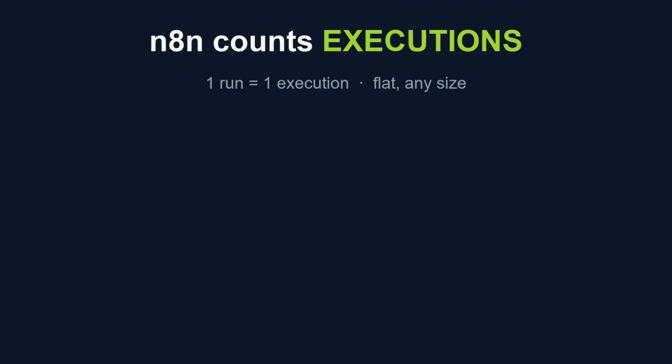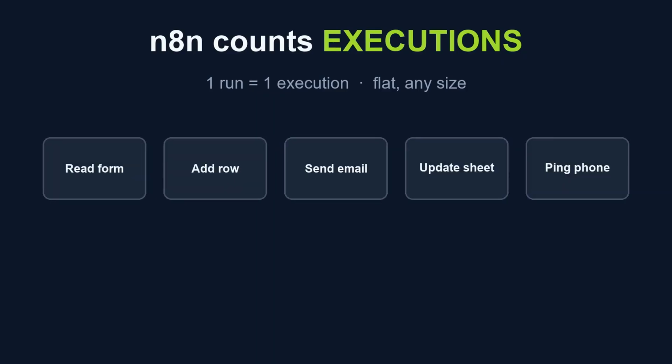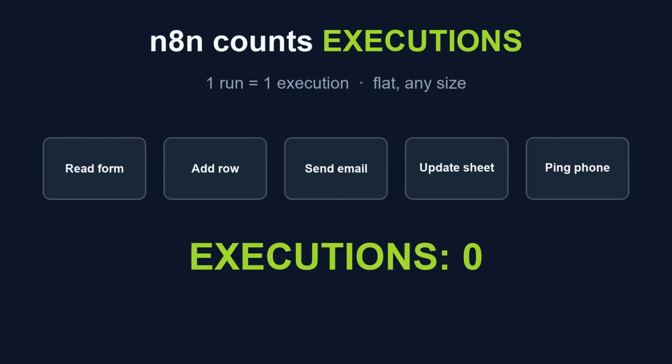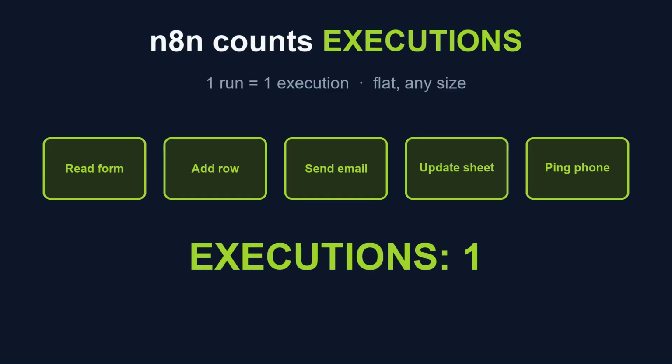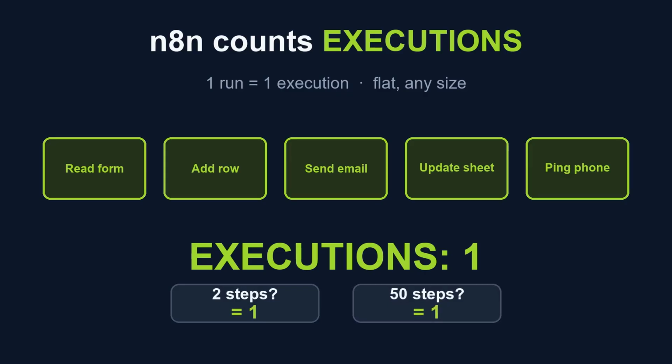And n8n counts executions. One execution is the whole workflow running once, whether it has 2 dominoes or 50. 2 steps? 1 execution. 50 steps? 1 execution. This is why n8n is structurally cheaper the moment your workflows do more than a couple of things.